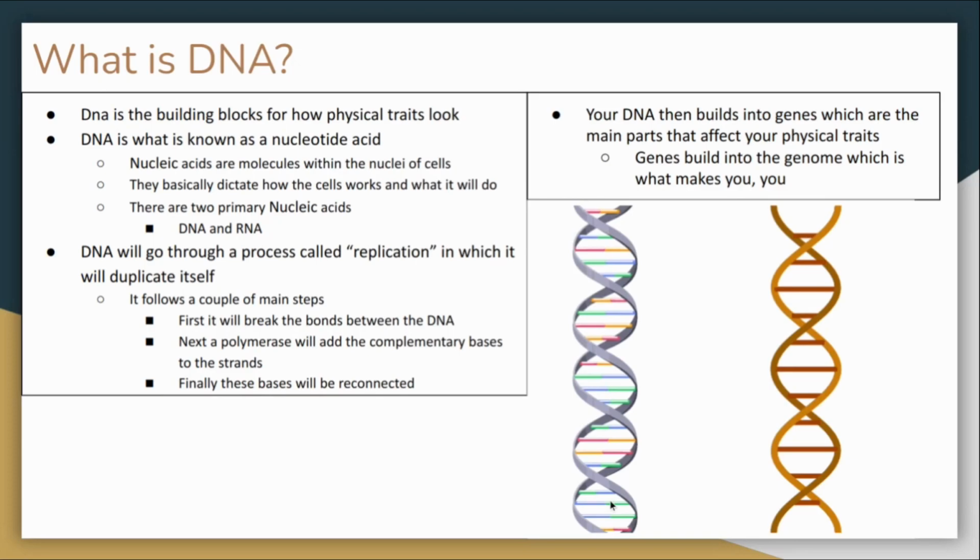This is known as the lagging strand. Now, the segments of the lagging strand will reconnect with an enzyme called DNA ligase. Now, we'll start talking more about what is in these strands in the next slide.